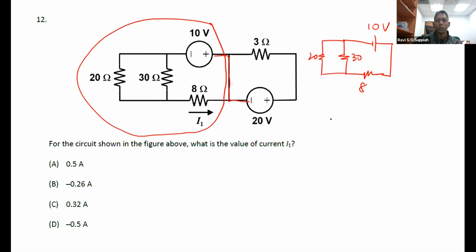Another easy way to redraw it to make it easier to see is if you imagine I draw it this way, and the other part of the circuit is like this. So you can see I can clearly separate this circuit and this circuit. I'll explain a bit more tomorrow, but if you look at it, you see that no current flows through this branch here. That is how we can separate out both the circuits.